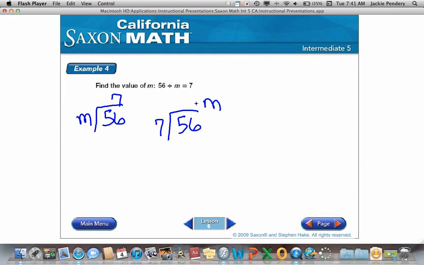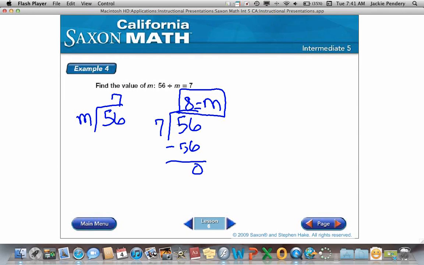This problem I can actually solve. So 7 doesn't go into 5, but it does go into 56 8 times. 7 times 8 is 56. And my answer is finished.